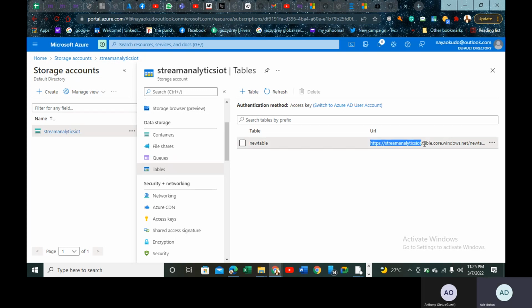This table has a unique URL. So you can set an access policy that, oh, I only want people with this ID to enter into this table. That is another thing.